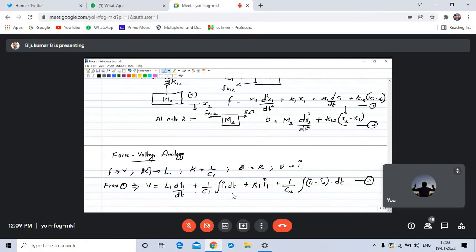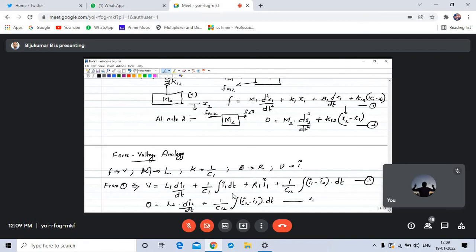Similarly, equation 2 can be written as 0 equal to, instead of M2, we get L2 multiplied by dI2 by dt plus K12 can be written as 1 by C12 integral I2 minus I1 dt.